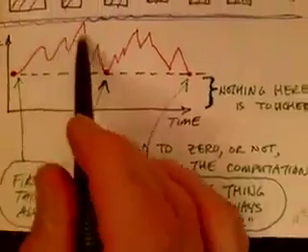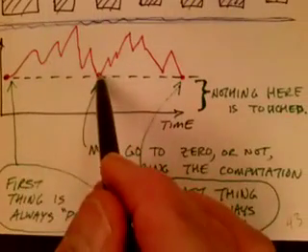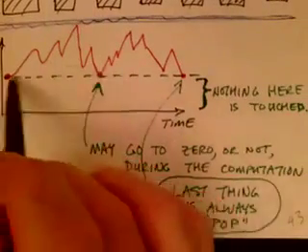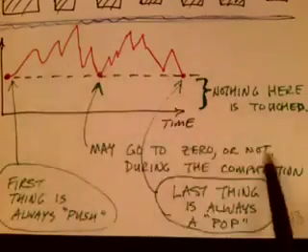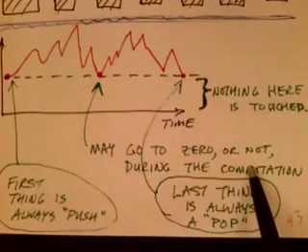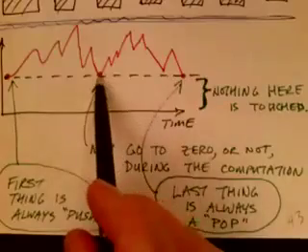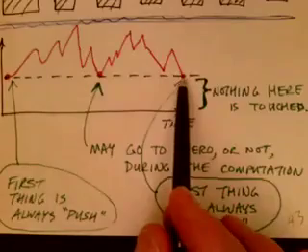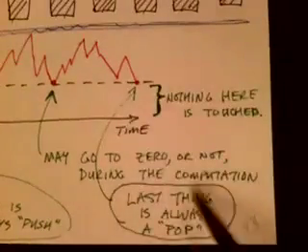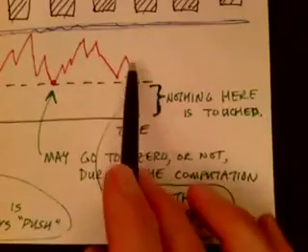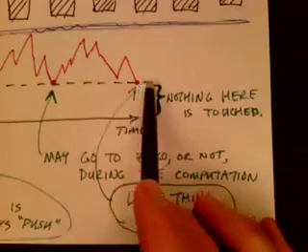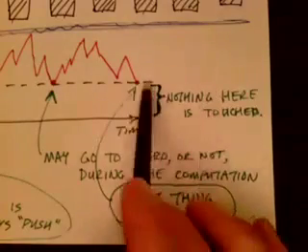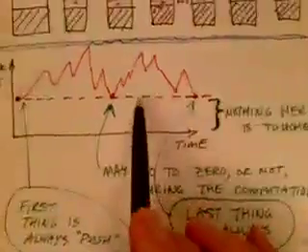The stack grows and grows and shrinks and grows. It may go all the way back to where it started at the beginning of the computation, but it won't go below that dotted line. Or it may never go back there until it finally ends. But at the end, the last thing will always be a pop, because it can't be a push. It has to leave the stack exactly the way it finds it. So nothing down below here is ever touched.